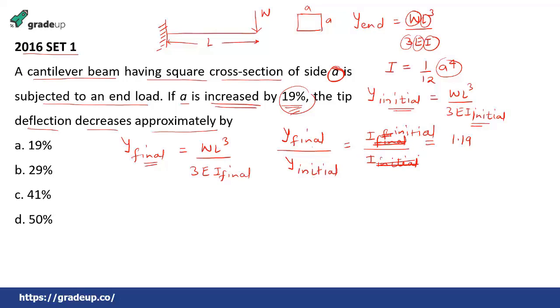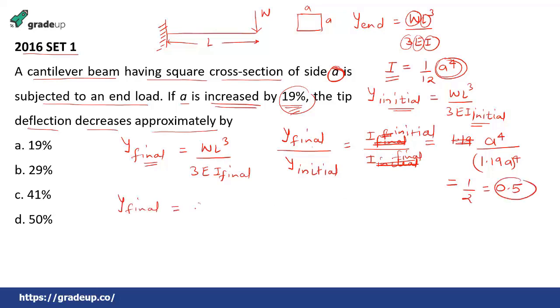So Y final by Y initial is I initial by I final. I is directly proportional to A to the power 4. So this is A to the power 4 upon (1.19 A) to the power 4. If you calculate this value, you will get 1 divided by 2 point something, which is approximately 0.5 only. So you get that the final deflection is equal to 0.5 times the initial deflection.